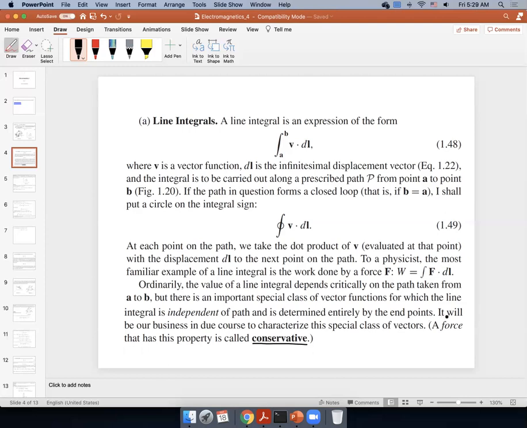Then it will be our business in due course to characterize the special case of vectors. And such kind of function is called conservative.